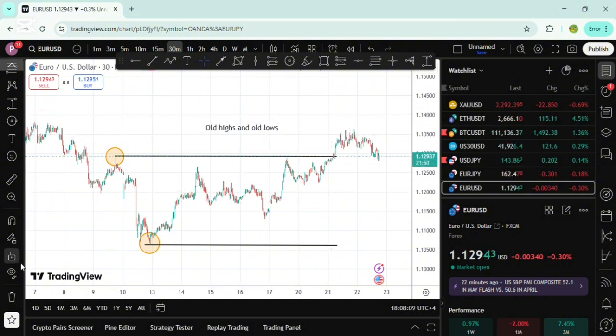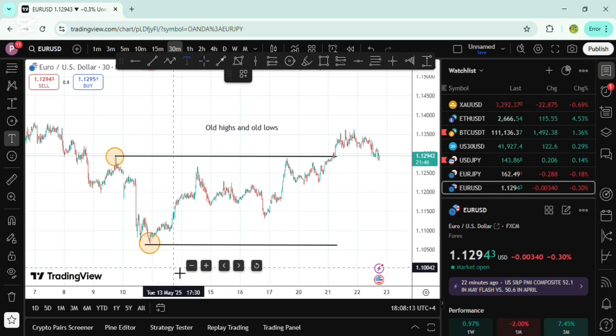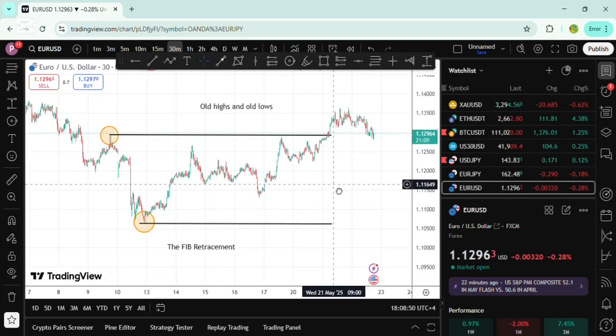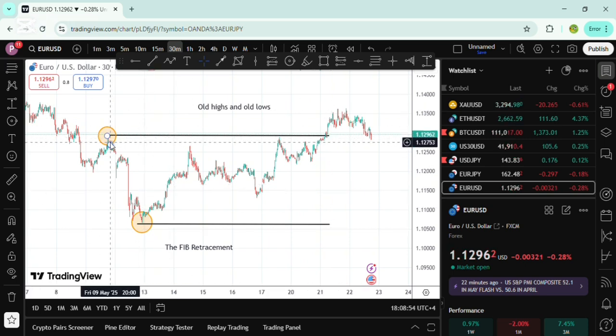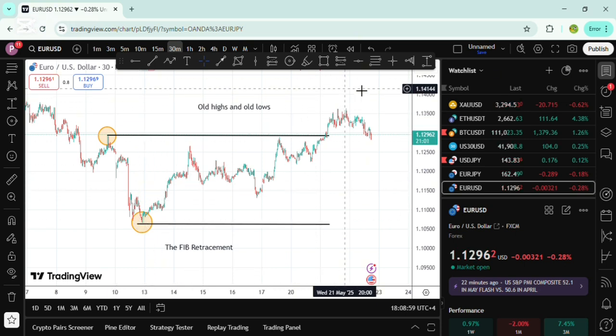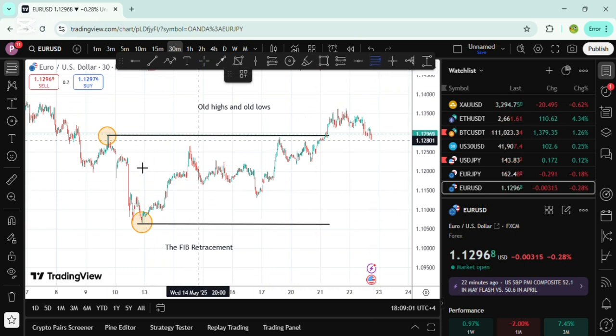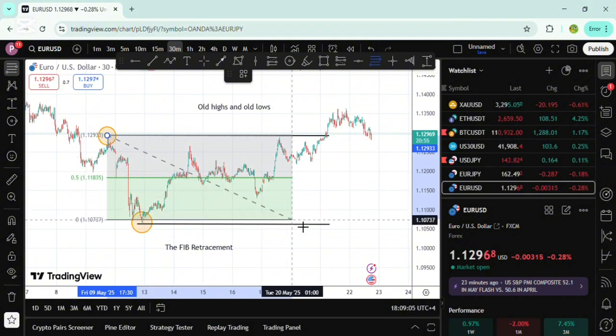I circled it. So in doing this strategy, there's a tool we use called the Fibonacci retracement. The Fibonacci retracement is a tool that helps us to know when to buy and when to sell, when the market is going for a buy, the premium and the discount.